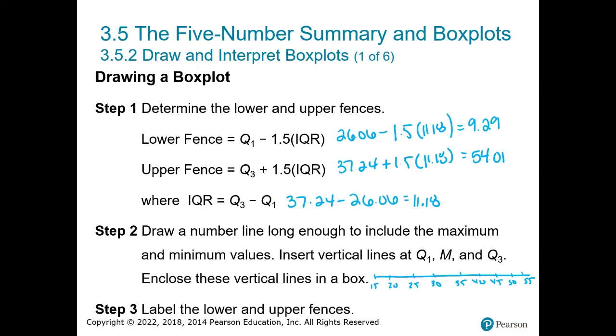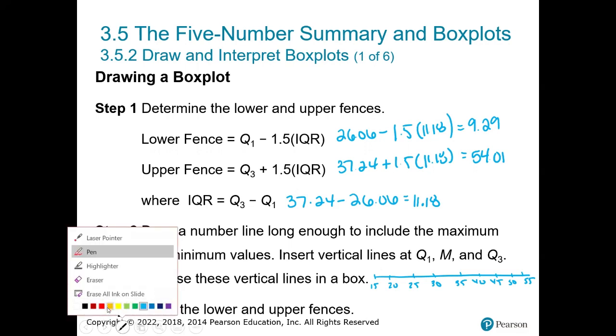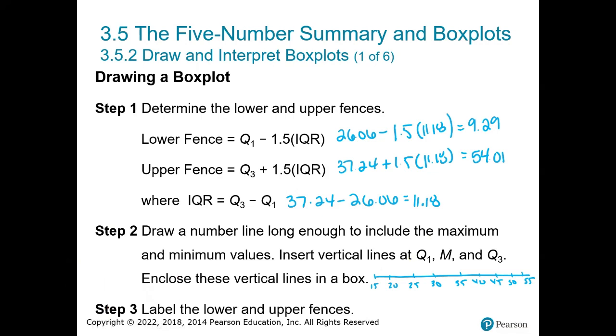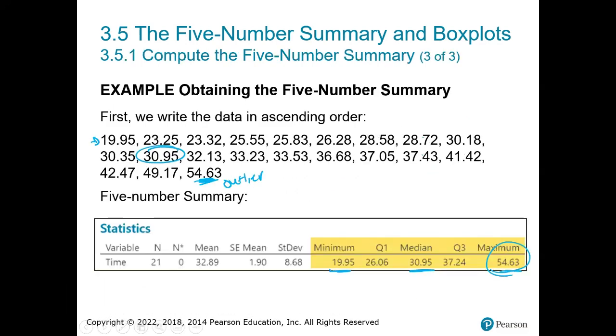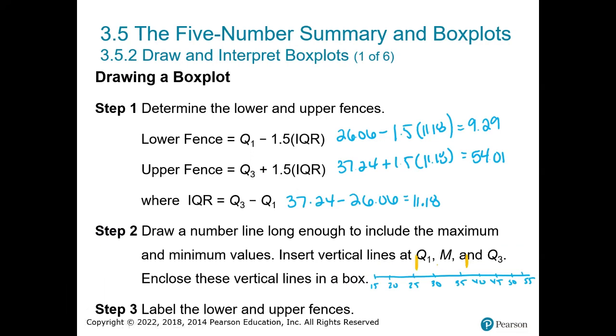Insert vertical lines at the Q1, the median, and the Q3. So I would put a vertical line at 26.06, 37.24, and what's my median? 30.95.